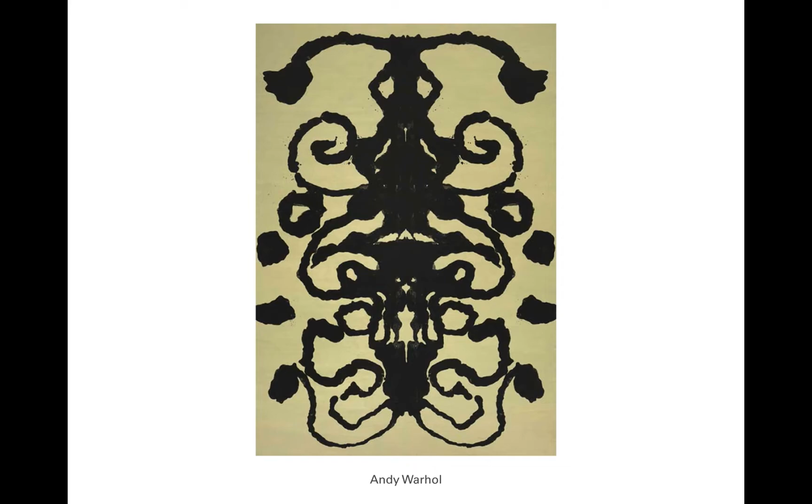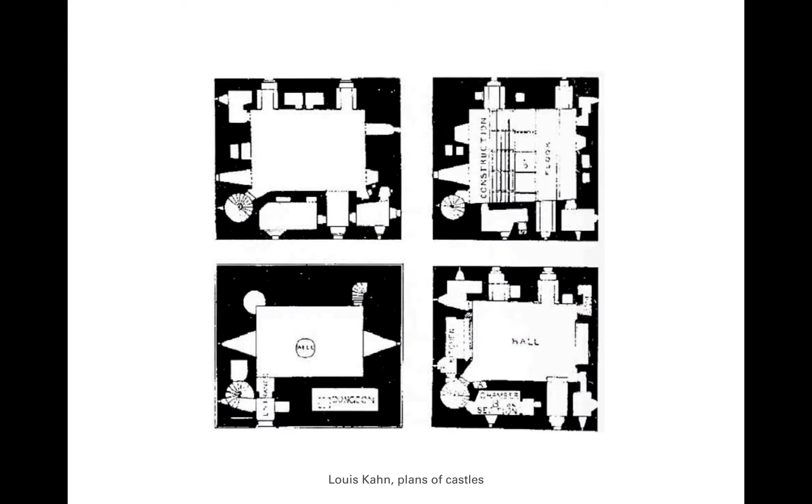It's symmetrical in general, but because of the idiosyncrasies of the material, the paper and the ink, you have very minute variations between one side and the other, between the left half of the page and the right half of the page.